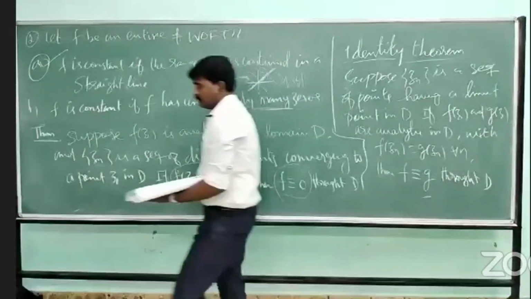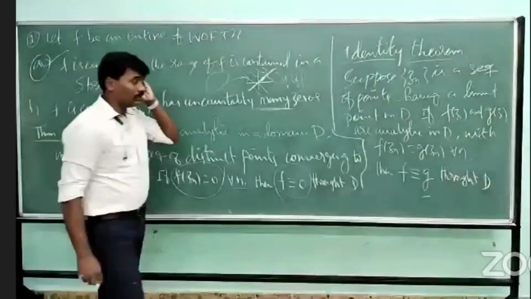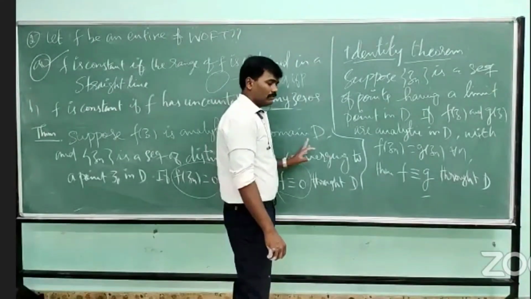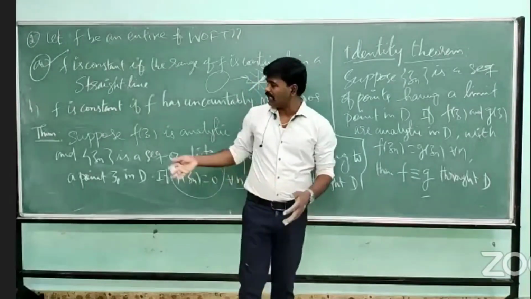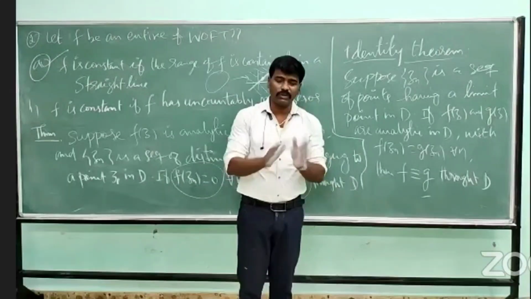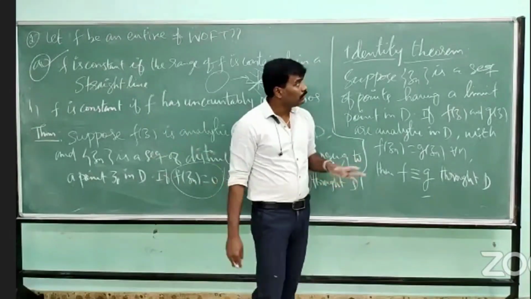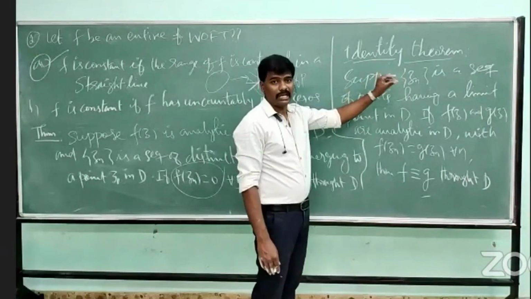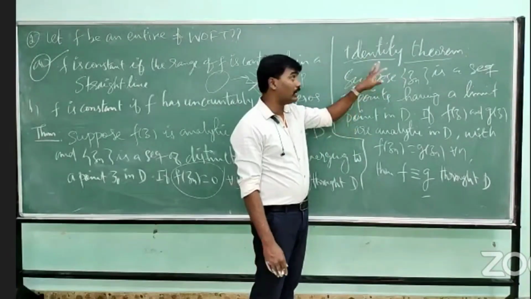Please see here. It's a very important theorem in complex analysis. This is a uniqueness theorem. Why do they call it the uniqueness theorem? If a function has this property, then f should be 0; the zero function is unique. From the uniqueness theorem, they are deriving the identity theorem. Without the uniqueness theorem, we can't state the identity theorem.